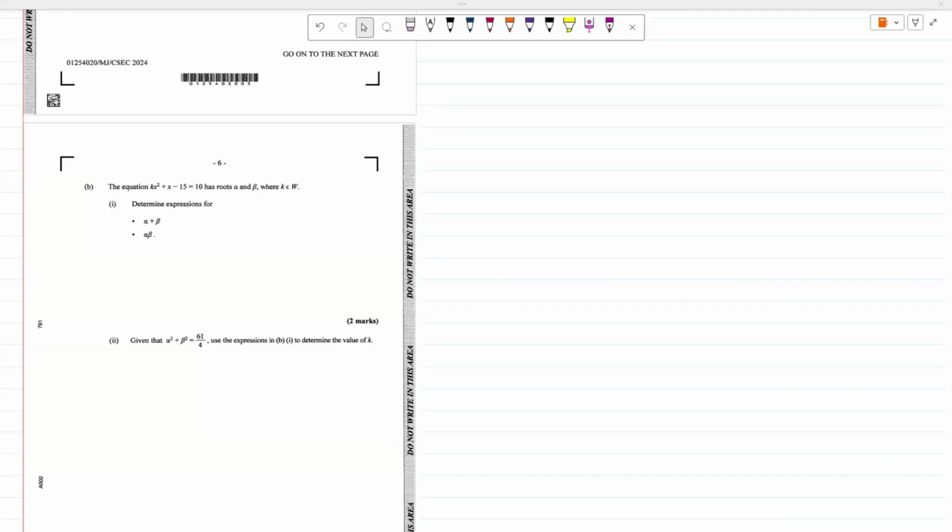All right. The equation has roots alpha and beta where k is a whole number. And this was the error in this particular question. They say k is a whole number, and we're going to see it come into play in part 2. Determine expressions for alpha plus beta and alpha beta. So k x squared plus x minus 15 is equal to 10.